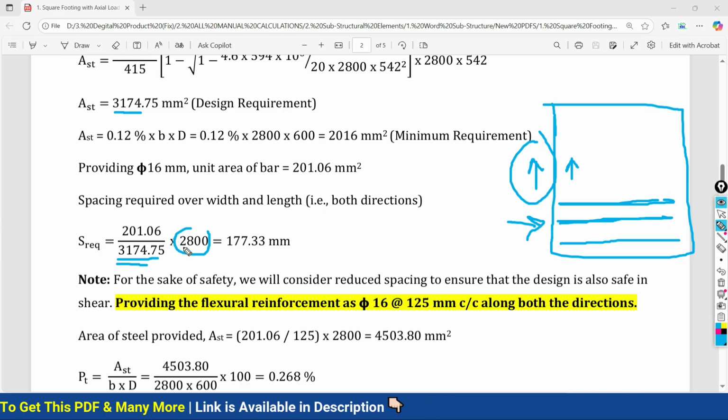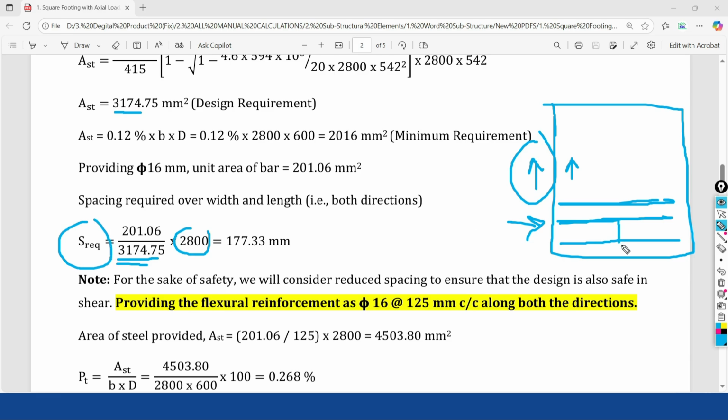Again, it is a square footing, so it doesn't matter, both directions are the same, 2800. Finally it is going to become 177.33 mm. This much spacing between the two bars we need to provide, so that this much area is going to be accommodated in this footing.